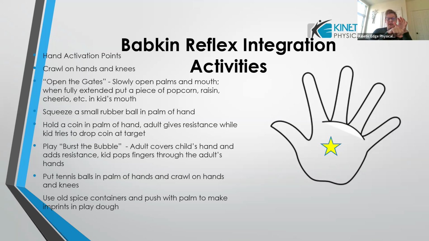Bursting the bubble, so an adult covers the child's hand and adds resistance while the child tries to pop their fingers through the adult's hands. And then even Play-Doh activities, any type of activity where you're getting resistance and stimulating the palm of the hand.